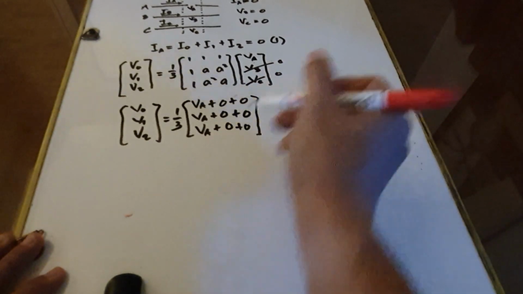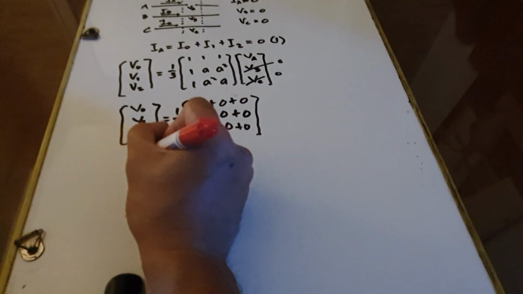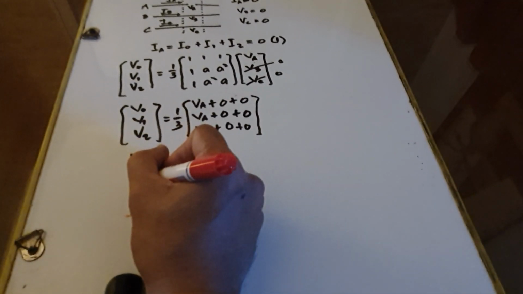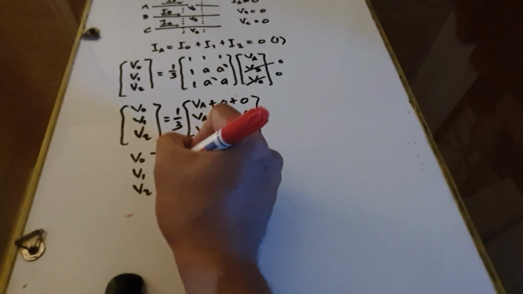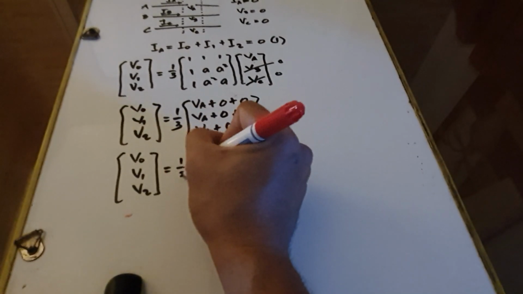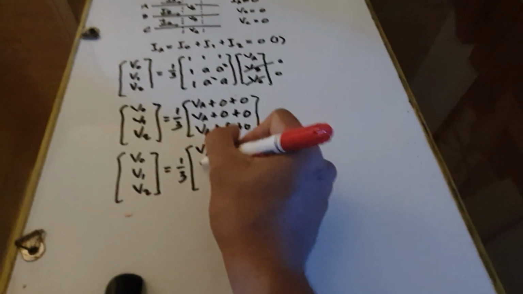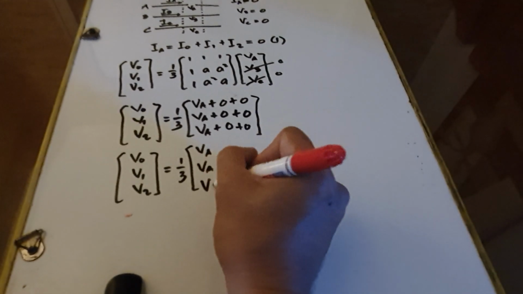Okay, therefore V0, V1, V2 is equal to 1/3 VA, VA, and VA.